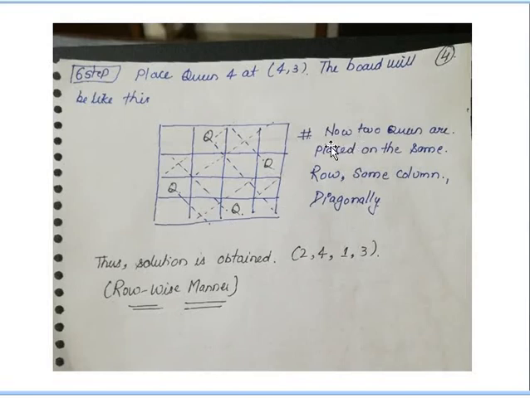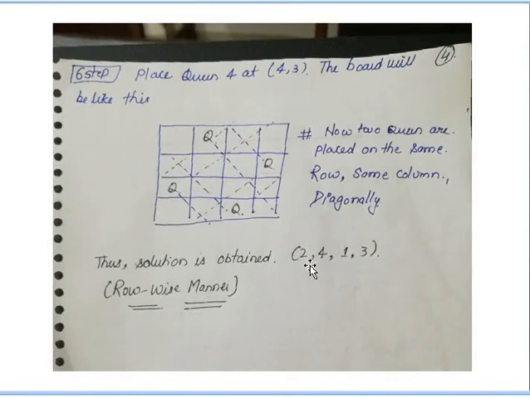So here, if we analyze this result, no two queens are placed on the same row, same column, and not diagonally. So the solution that we obtain is 2, 4, 1, 3.